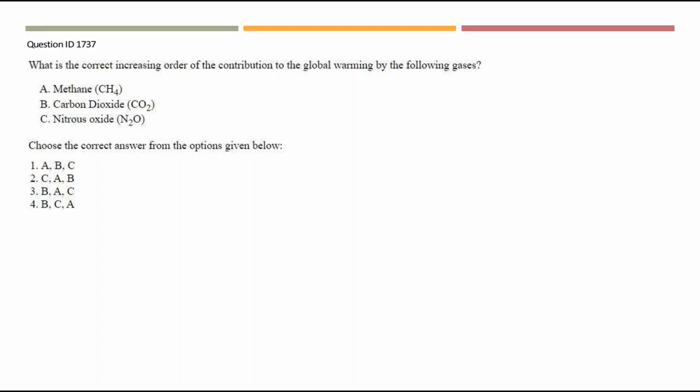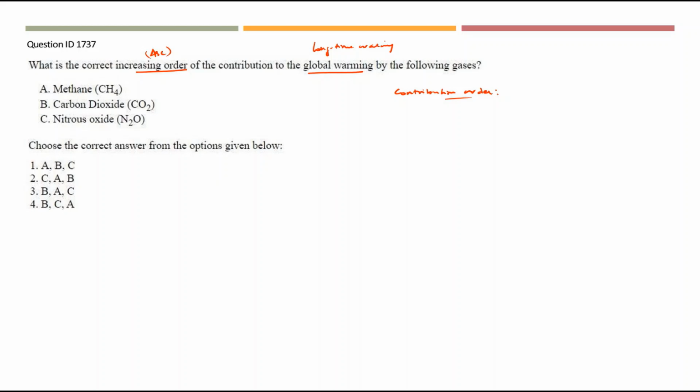Next question. What is the correct increasing order, it means the ascending order, of the contribution to the global warming by the following gases. What is global warming? It's a long-term warming of the planet's overall temperature. I'll give you a contribution order. This order is not of increasing order, but whichever gas contributes the most will be in the first place.